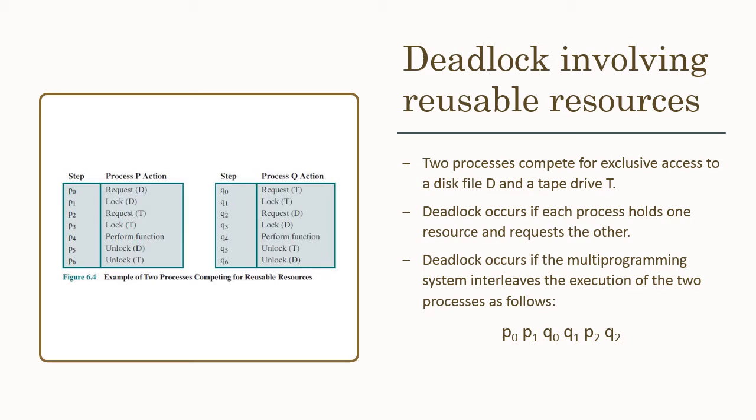So deadlock will occur if P requests the disk, gets the disk and locks it for itself, then Q requests the tape, gets the tape and locks it for itself, and then P requests the tape and Q requests the disk. None of the second requests of both the processes can be granted, and this is a deadlock.